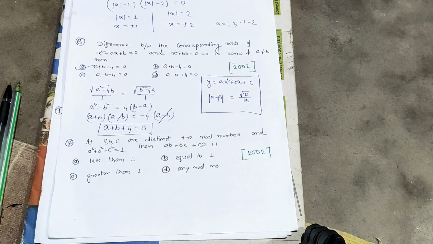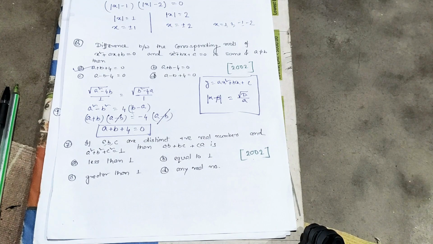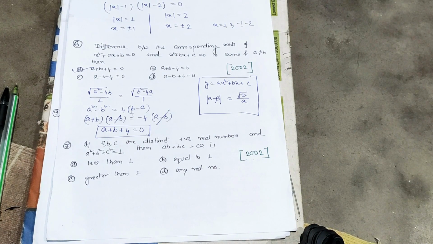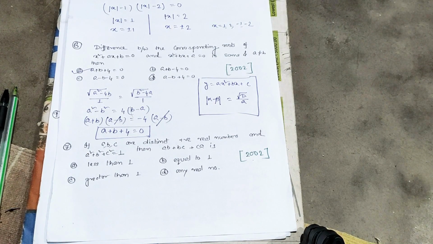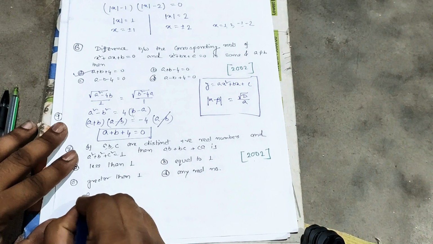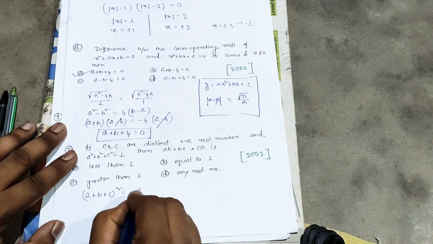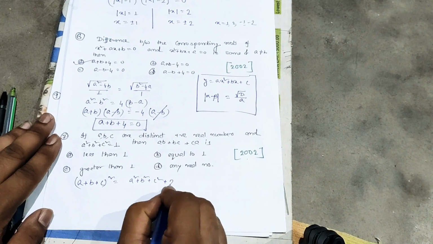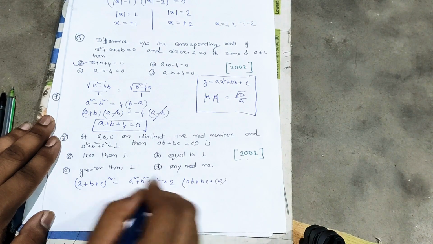In such types of problems, if the sum of the squares of numbers is known and we need the product of numbers taken 2 at a time, or the range of the products of numbers taken 2 at a time, we start with the square of the sum, like (a plus b plus c) whole square equals a square plus b square plus c square plus 2 times (ab plus bc plus ca).